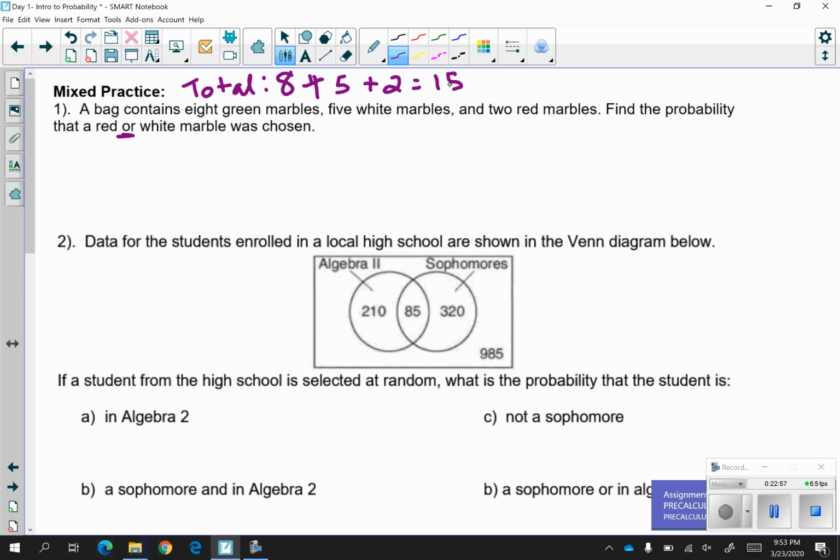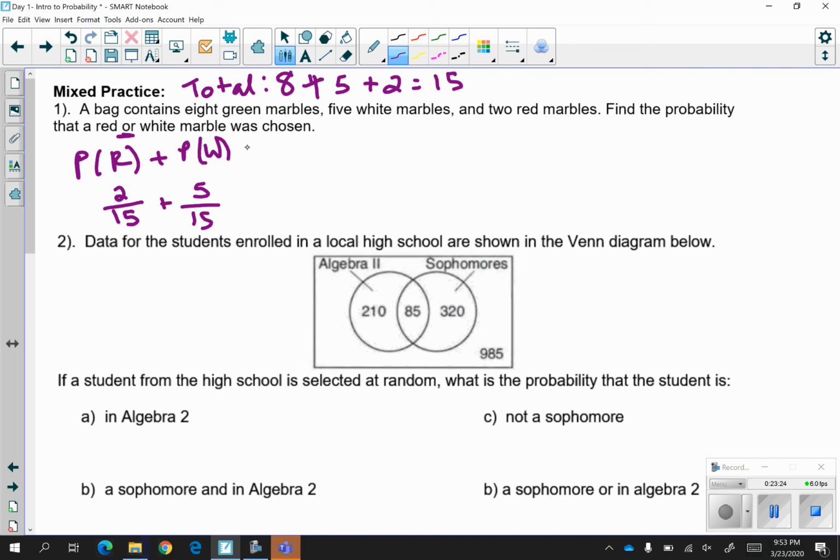That is a total of 15 marbles. So going back to it, your probability of getting a red marble is 2 out of the 15, plus your probability of getting a white marble, which is 5 out of 15.